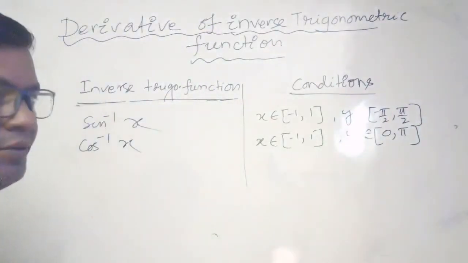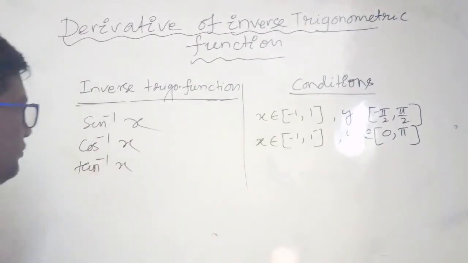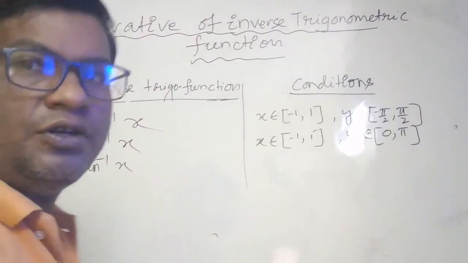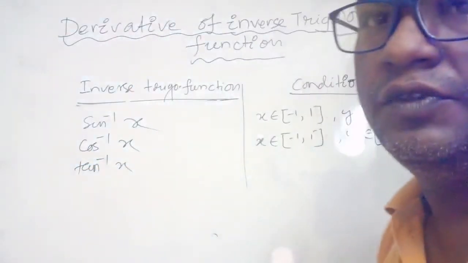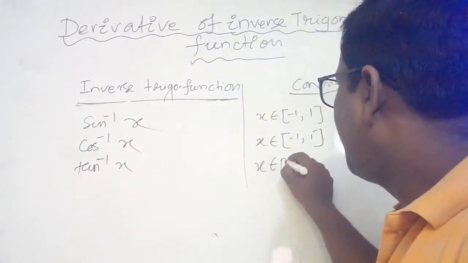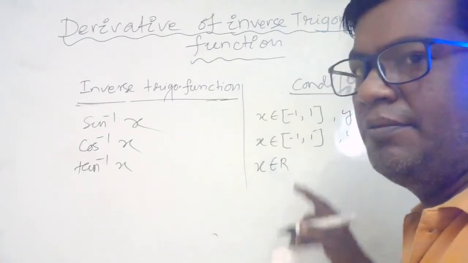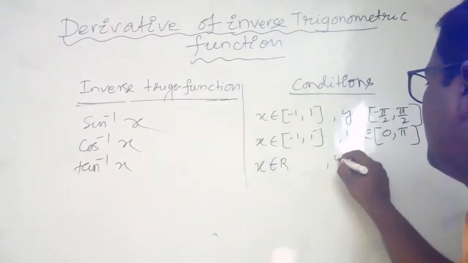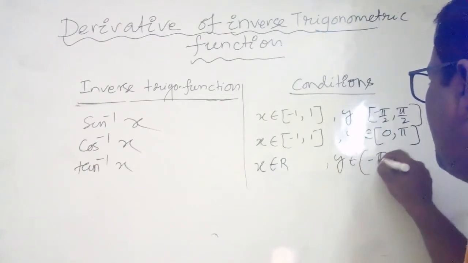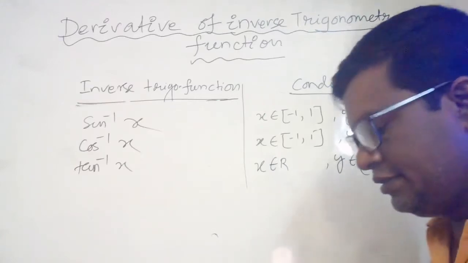0 to pi. Similarly, tan inverse x, its condition is x belongs to R, any real number, y belongs to minus pi by 2 to pi by 2, open brackets.